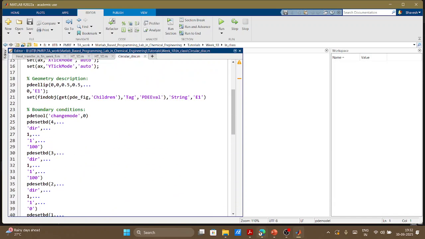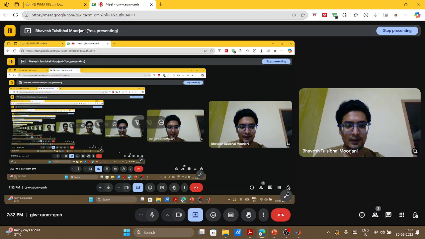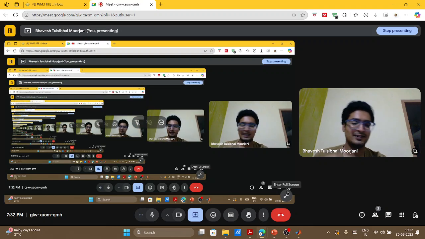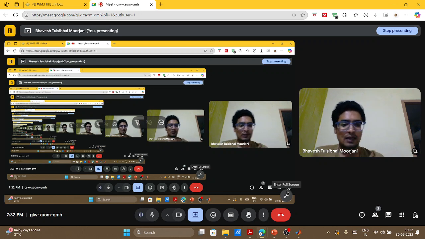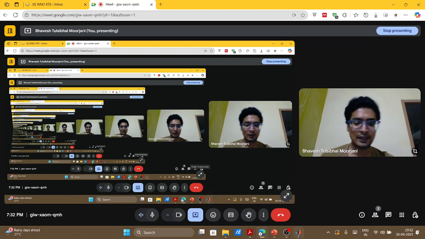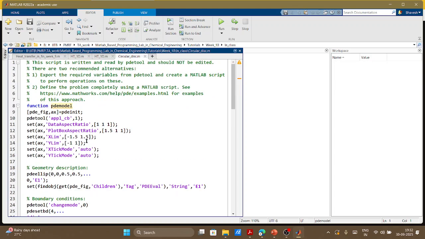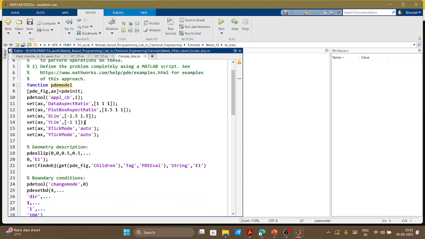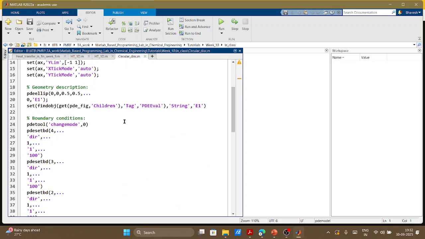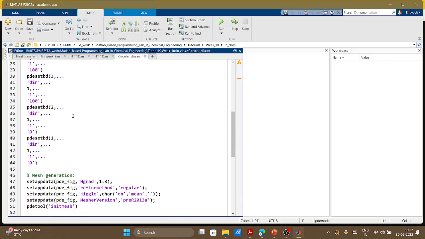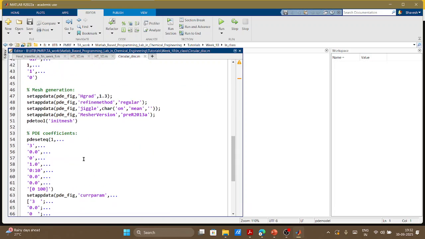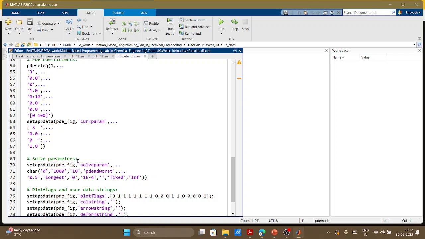So let's say when you want to solve your PDE equations without relying on the GUI, and you want to create your own commands, for that you have to understand all of this PDE tool option, which creates your axis limit, your tick marks, your objects, provides the boundary condition values, provides your equation data points, etcetera.